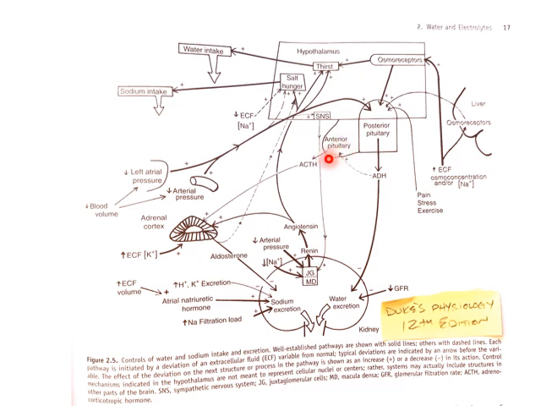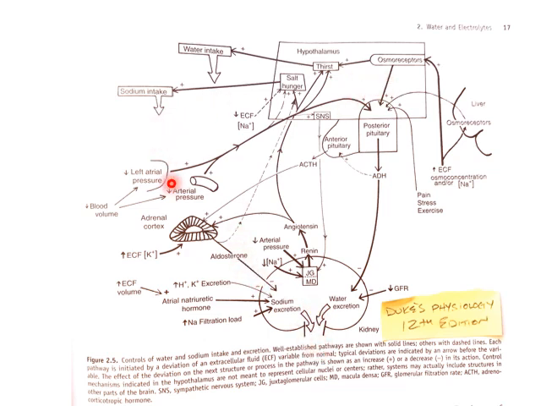Again, ADH will go to ACTH, adrenocorticotropic hormone. That's going to go to the adrenal cortex in front of the kidneys. That's going to secrete aldosterone, and that's going to have a negative impact on the sodium secreted.